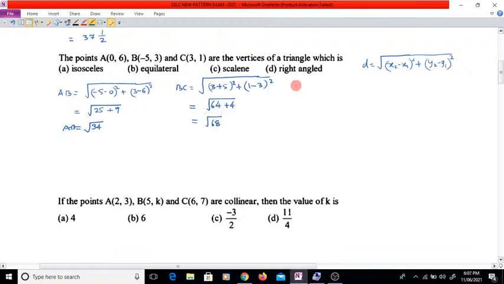So now we will find CA, that is CA equals square root of (0 minus 3) whole square plus (6 minus 1) whole square. So this equals minus 3 square is 9, plus 6 minus 1 is 5 square is 25. So 9 plus 25 is square root of 34.